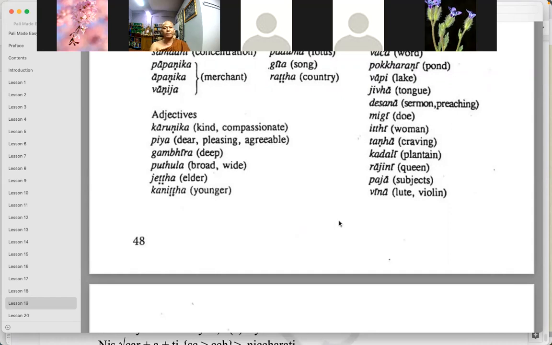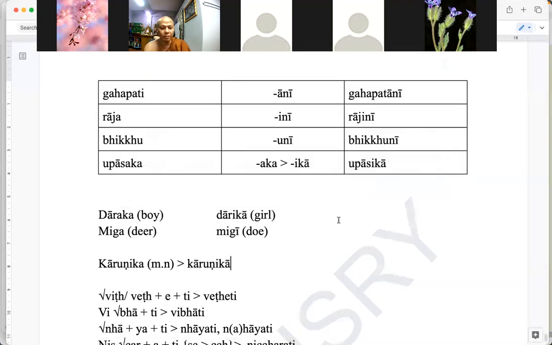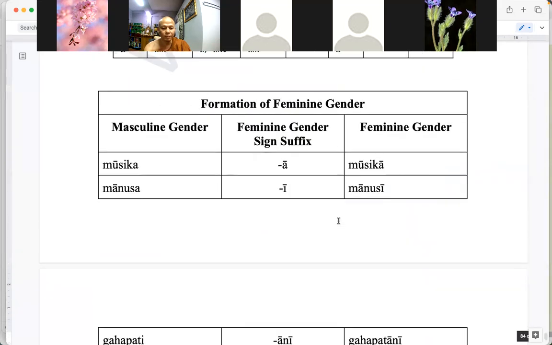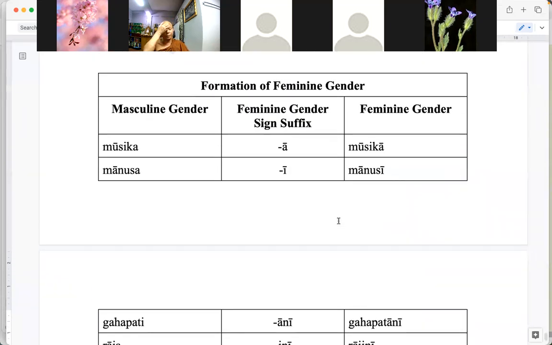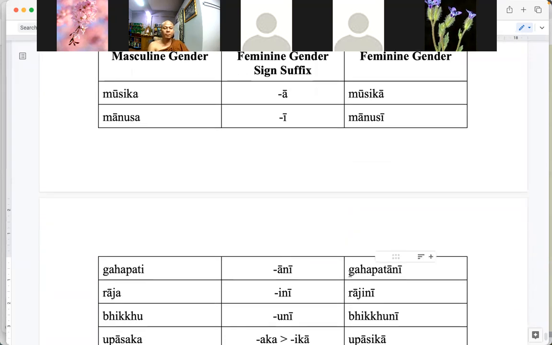Okay, Haru. Yes, Bante. I would like to ask for the formations of feminine gender to change from masculine to feminine. So in this case, Bante, we have Gahapati. So the masculine gender here ending with E, and when it formed with feminine, it changed into Ani.